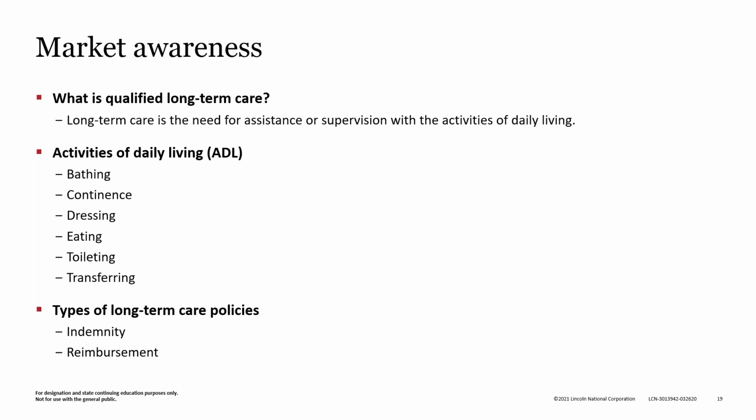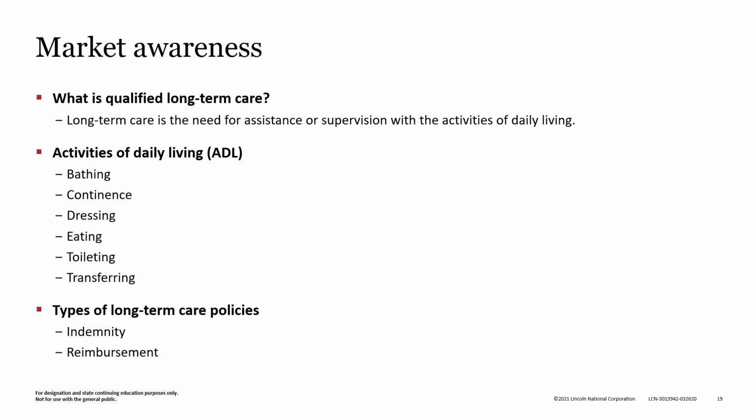So 2 out of 6, those activities of daily living have been standardized for a while. You're going to see the same 6 activities of daily living regardless of insurance solution or carrier you're looking at, and those are bathing, continence, dressing, eating, toileting, and transferring.